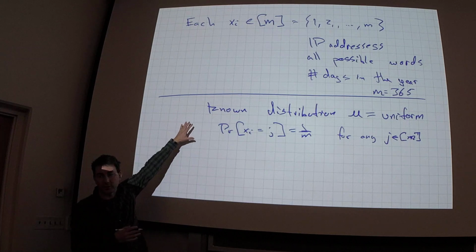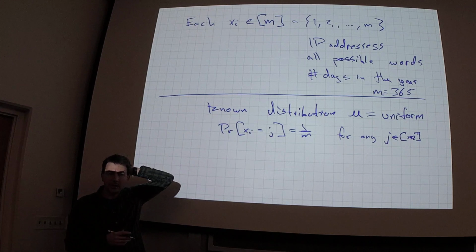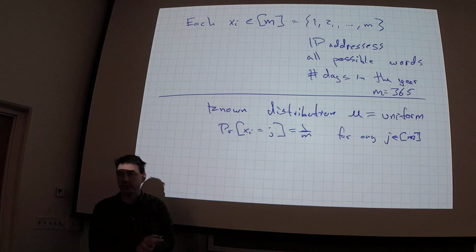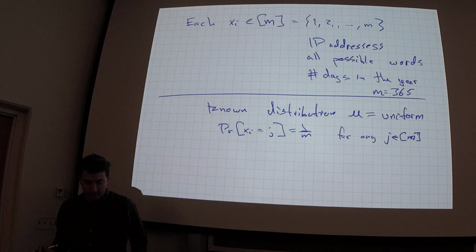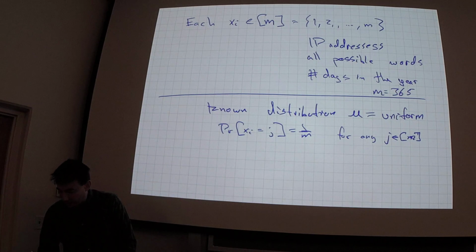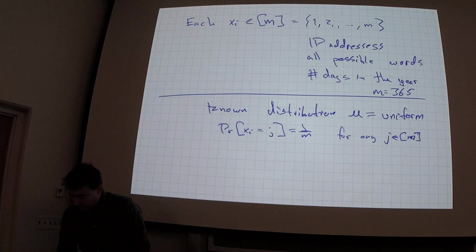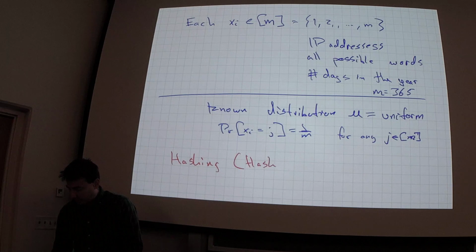The other thing about this distribution is that it might seem kind of simple and strange, but this actually comes up in algorithms and data structures a lot. This is basically what's going on in hashing.